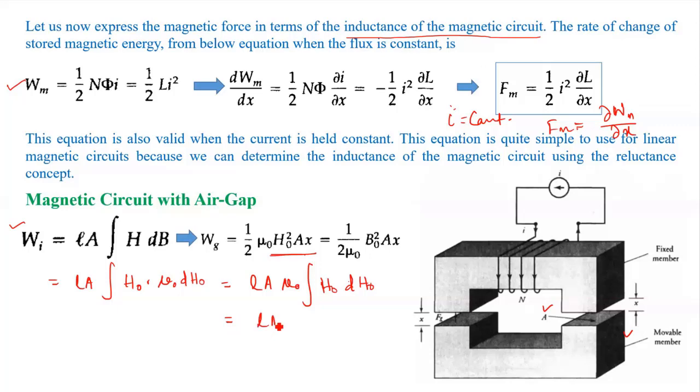So this will give me half of l A mu naught Ho square. This l is nothing but the air gap, so I can replace it with x. So I can write it as half of mu naught Ho square A x. And if I convert this H into magnetic flux density Bo, this expression becomes 1 by 2 mu naught Bo square A x, right?